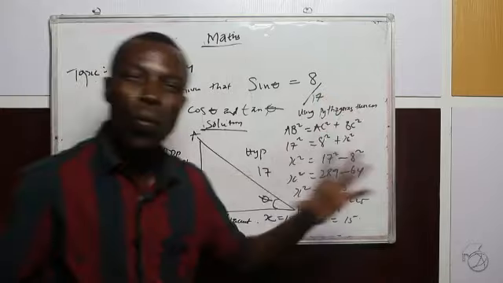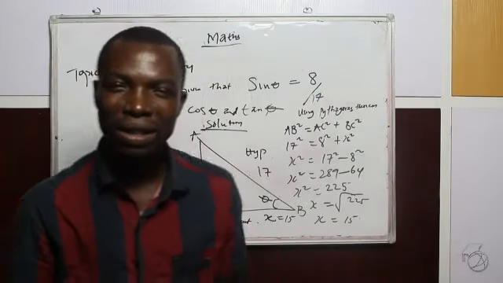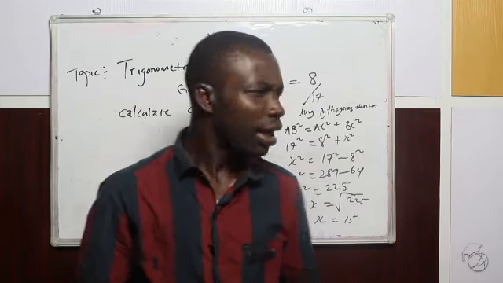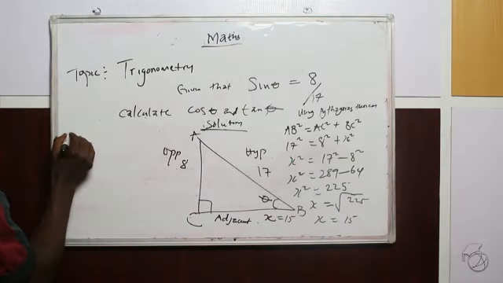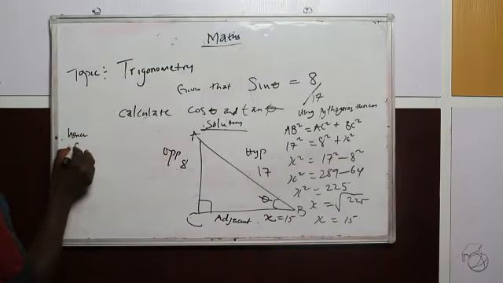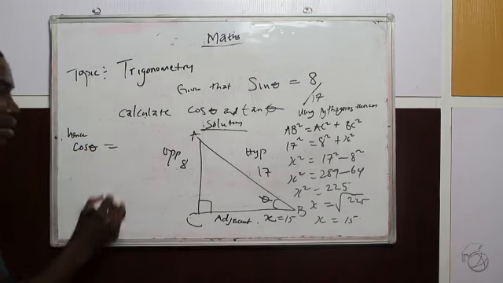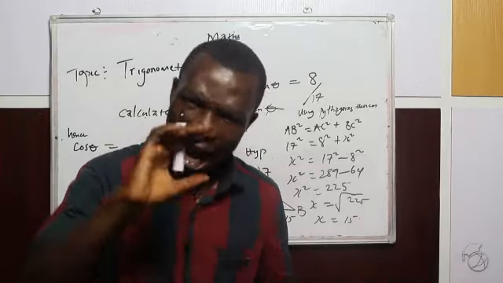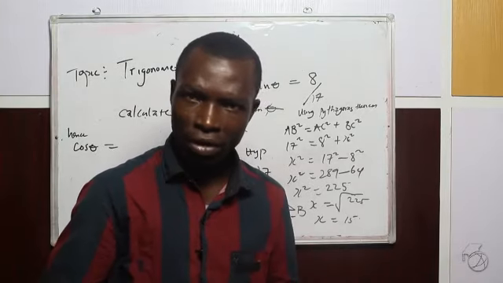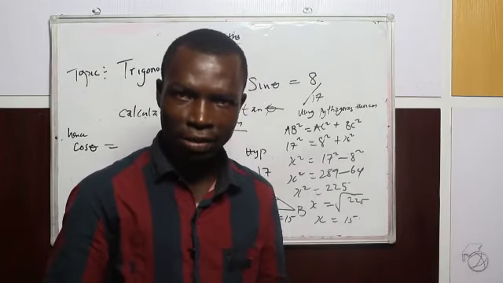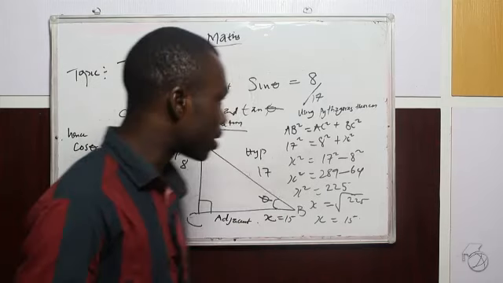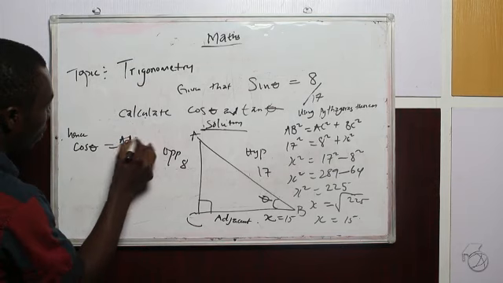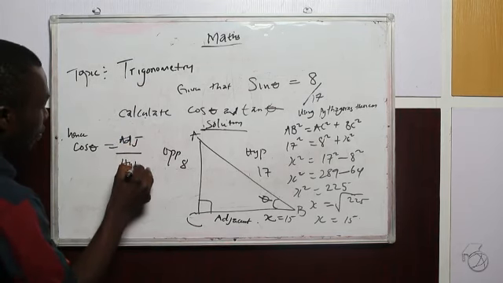So therefore, we can now calculate cos theta and tan theta. Cos theta is equal to adjacent over hypotenuse. Remember SOHCAHTOA from our earlier explanation of the trigonometric ratios.